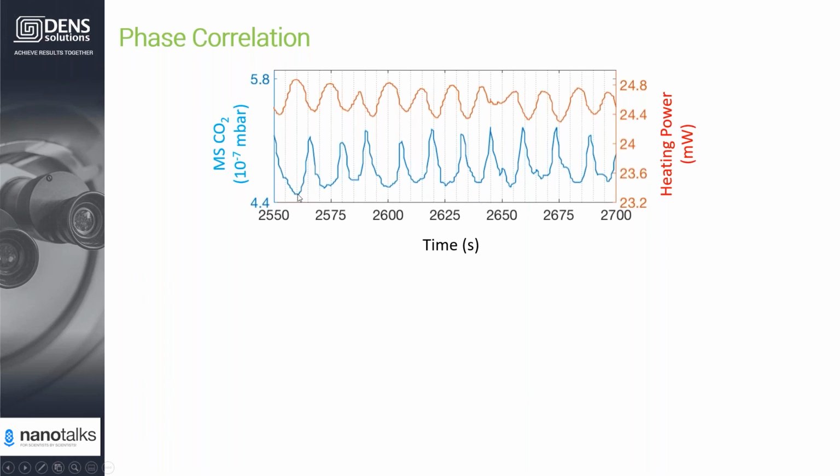If it increases here, it releases more heat into the system. Then the system temperature will quickly ramp up, and to bring the temperature back under our control, the heating power will decrease. This is what we expect from the theoretical model, and it is also revealed in our experimental result.